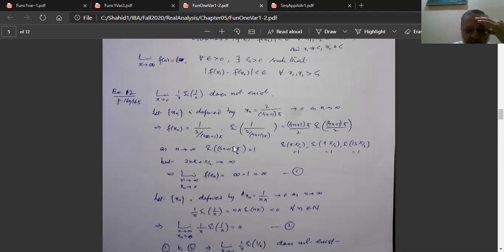So 5 pi/2, then 9 pi/2, then 13 pi/2, then 17 pi/2, then 21 pi/2. On these terms of the sequence, sine is always 1.